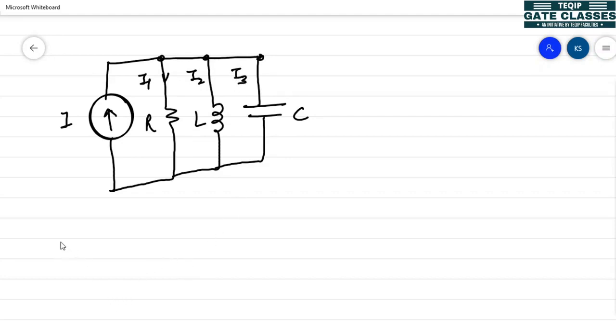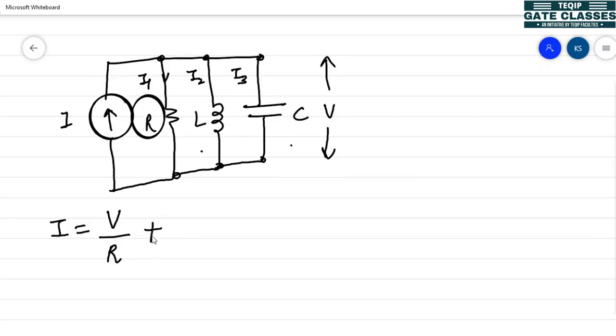So we can write I is equal to, and we are taking the voltage across the capacitor as V. Because these three are connected in parallel, the voltage across all three elements is V only. So the current through R is V by R plus the current flowing through the inductor is 1 by L integral V dt, as you know that VL equals L di by dt.